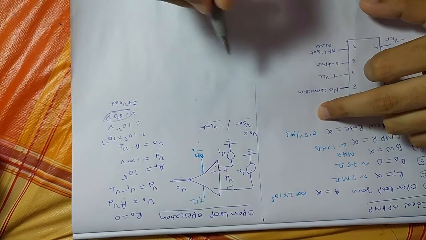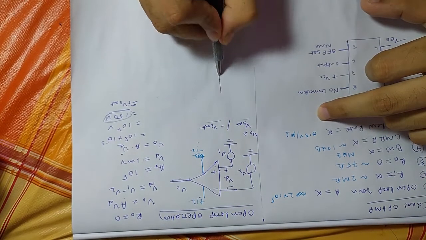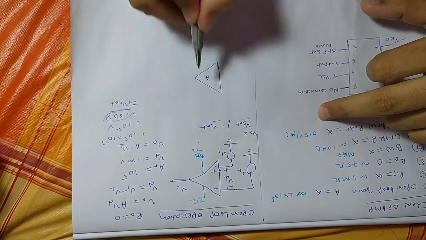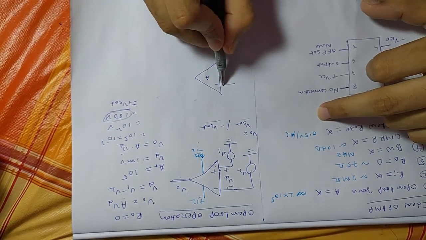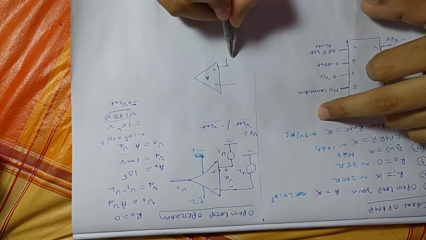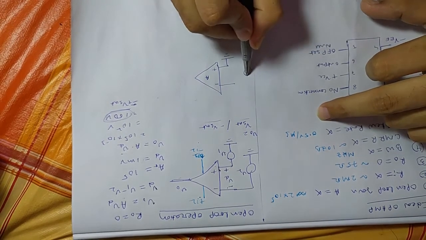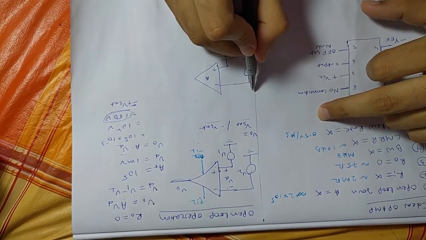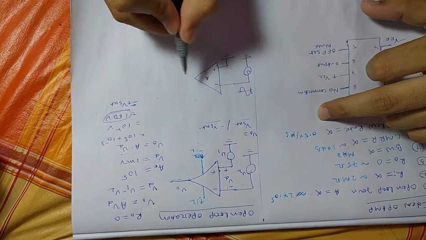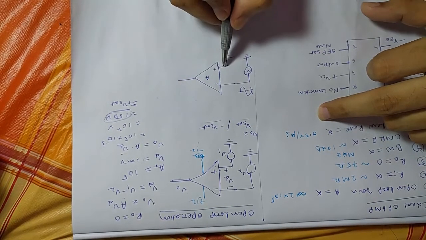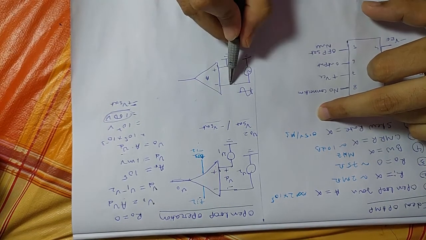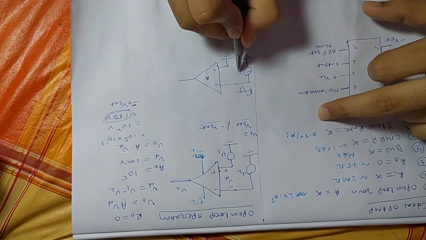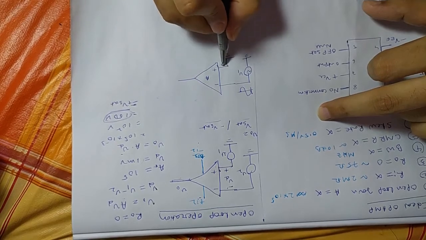To see this, let us assume the same op-amp with gain A, where the non-inverting terminal is grounded and the inverting terminal has a sine input V1. Your difference voltage is 0 minus V1.